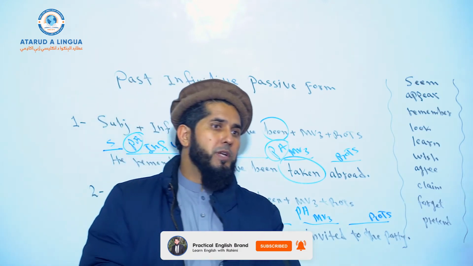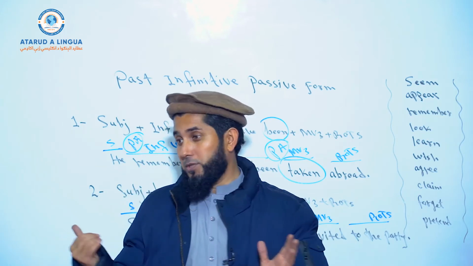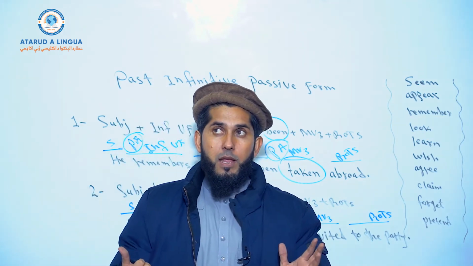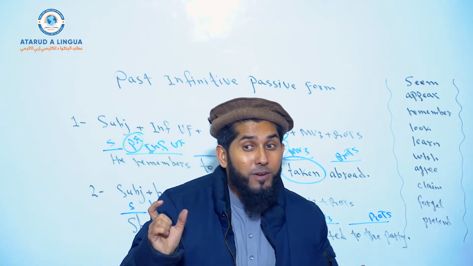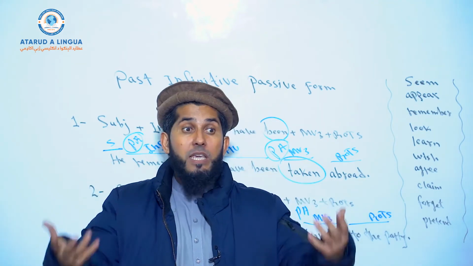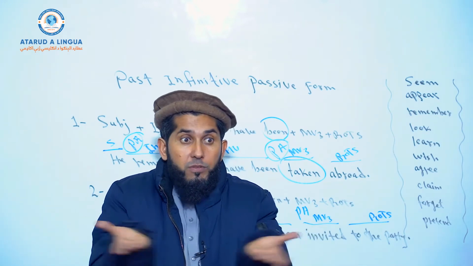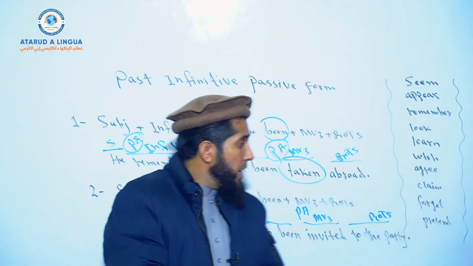So he is worried about, not about, because if you use about, then you need to bring gerund form, right? He is worried about having been threatened. Remember? So now if you want to use the gerund form, you express the same idea in two different ways, using two different grammatical structures, right?